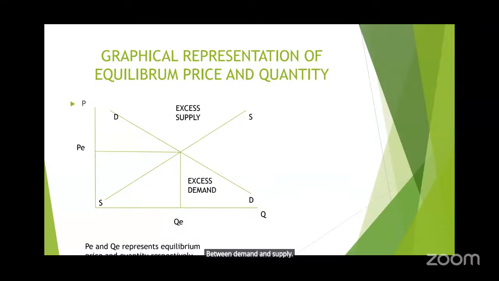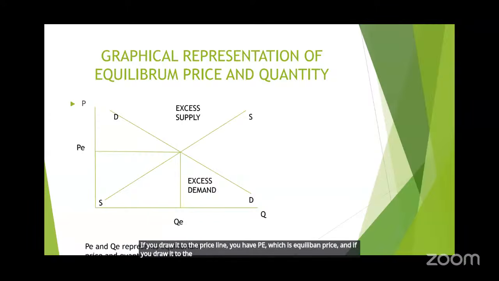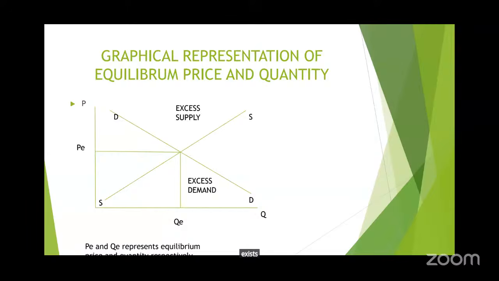That's when there's a consensus and an agreement on price. If you draw it to the price axis, you have PE, the equilibrium price, and if you draw it to the quantity axis, you have QE, the equilibrium quantity.